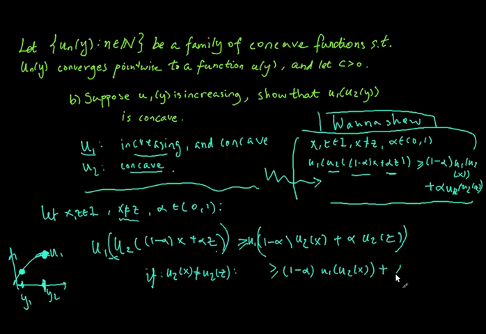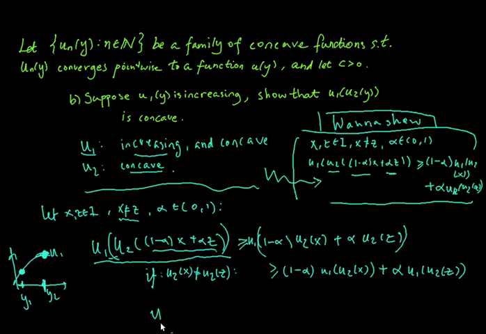So let's just start with this assumption first. Well, if we assume this, then we have actually shown that u1 composed with u2 is a concave function, because what we have over here is u1 composed with u2 evaluated in this linear combination of x and z, and what we have over here is the linear combination of u1 composed with u2. So that's the case if u2 of x is different from u2 of z.